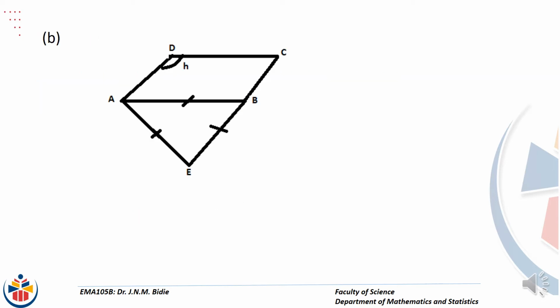We go to B. Remember, ABCD is a parallelogram. So starting from there, I know that AB is equal to DC, right? And is also parallel.